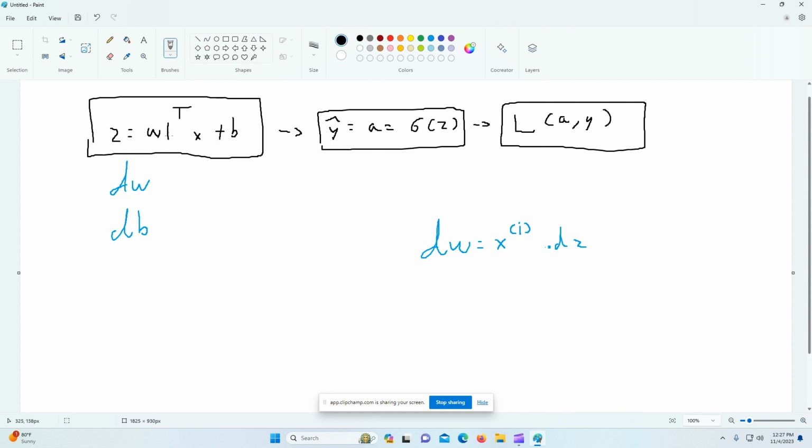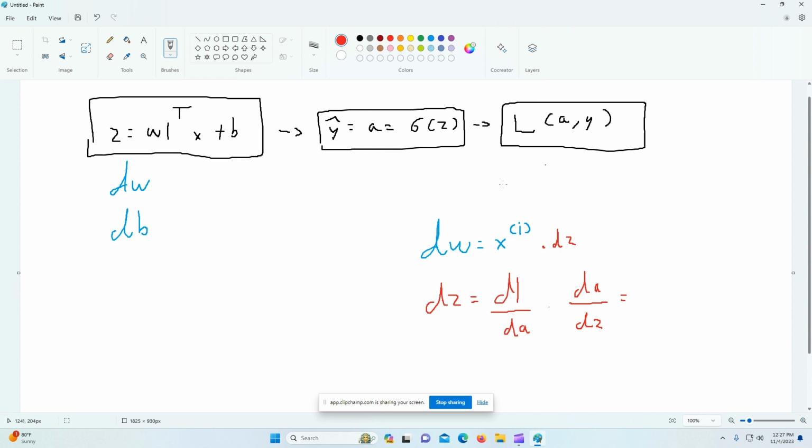So it's going to be times the derivative of z. Now the derivative of z is going to equal, I'm pretty sure, the derivative of L with respect to A times the derivative of A with respect to Z. I'm not going to do the math for that.